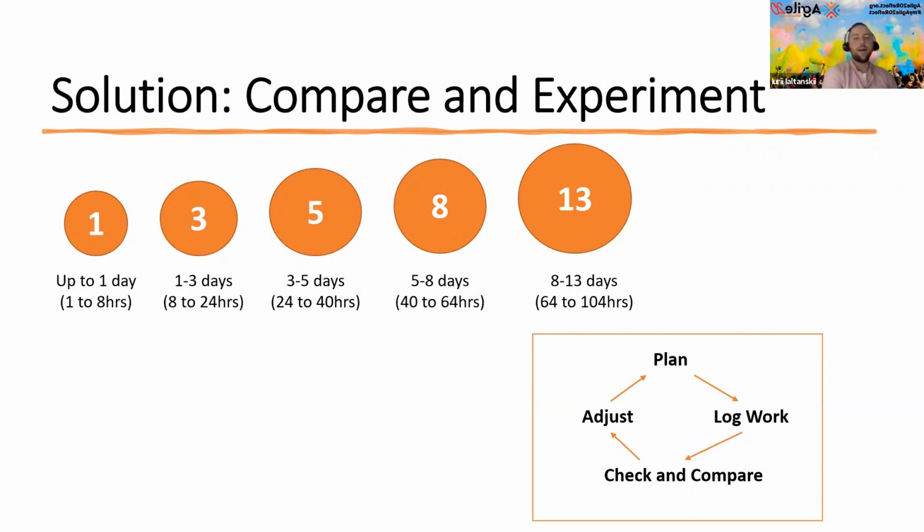Each team member can log hours of work on the item until it's complete. And that's it. At the end of the sprint, you need to check and compare. For example, let's say we estimated an item with 3 points. Then we'll check how many hours have been logged under these items.